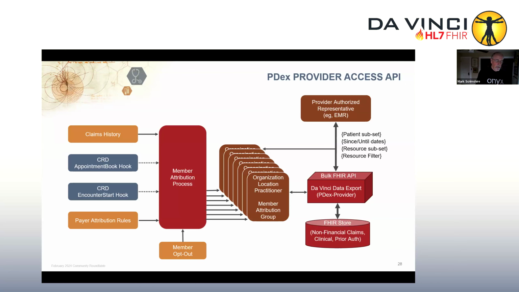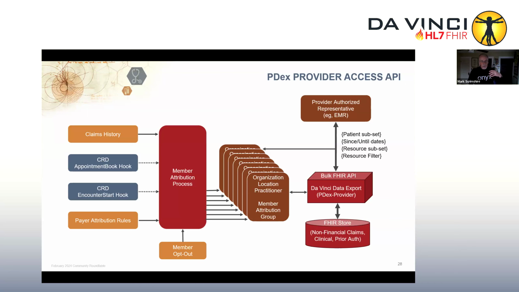And if a member makes that declaration or reverts it, then the payers will need to update those member attribution lists to either add or remove the member from a given provider's attribution list. Payers will, as I say, have their own rules about how they're constructing that list. Will they take 1 year's worth of data? Will they take 2 years, 18 months? It really becomes their choice based upon the nature of their business.